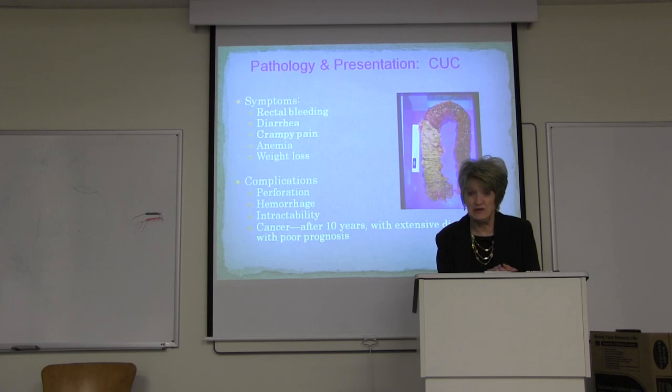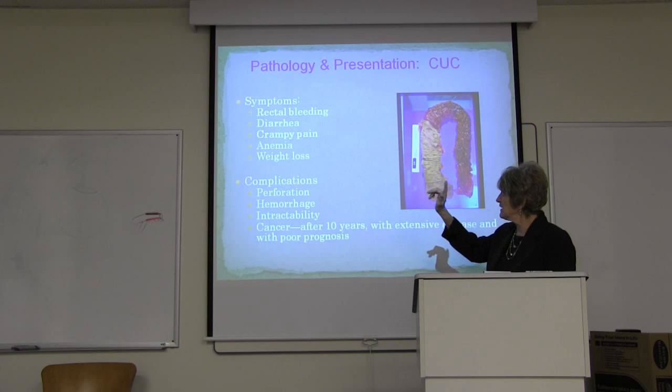So if every time you ate, you had cramping pain, maybe mild nausea, and you had multiple bloody stools, pretty soon you wouldn't want much to eat. So it's pretty common for these patients to have weight loss just because they're not eating as much. So rectal bleeding, diarrhea, crampy pain, weight loss is common, anemia from the bleeding.